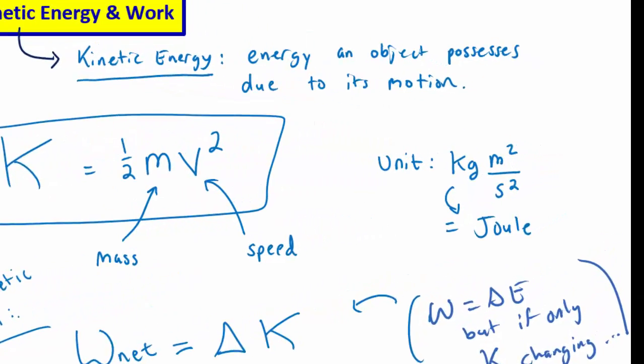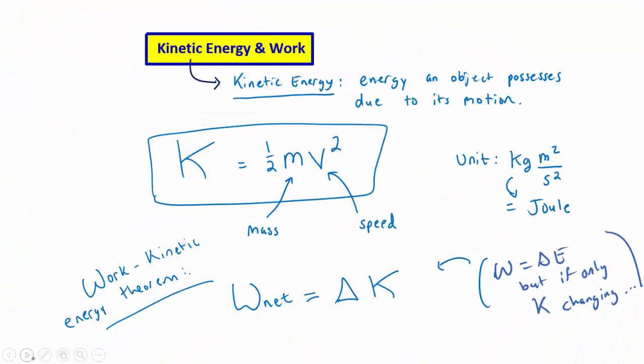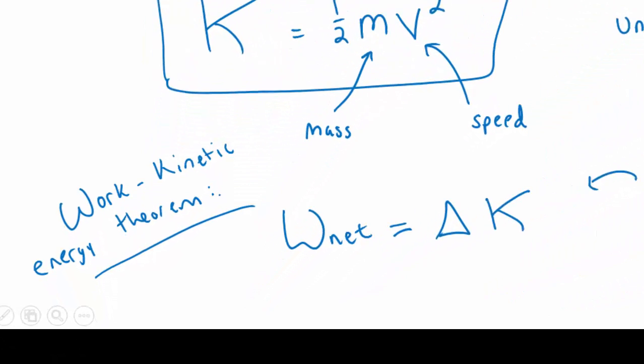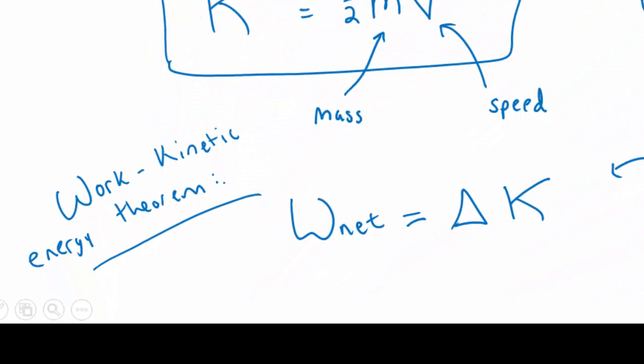And a little note that I want to put in here is that when I'm trying to relate work and kinetic energy, in other textbooks they have what's known as the work kinetic energy theorem. And what that says is that the work done on an object is equal to its change in kinetic energy.